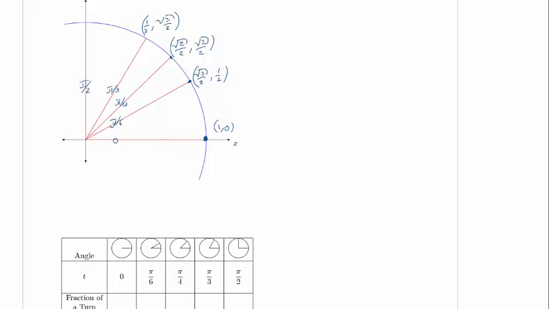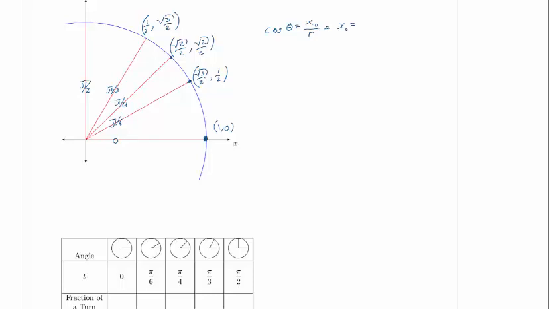Alright, so let's go ahead and examine this based off what we've learned so far. So cosine theta, well, that's going to be your x coordinate divided by the radius. Of course, the radius is just 1, which is x naught.